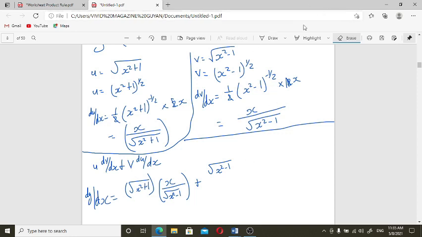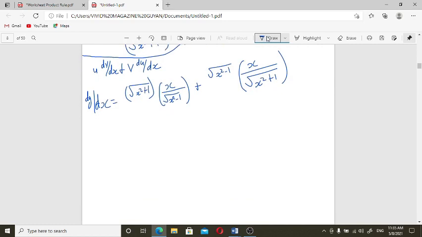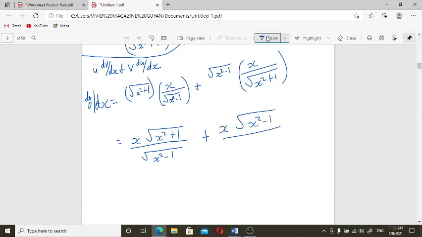Which is then multiplied by the du dx, which is x over the root of x squared plus 1. So what this actually gives you is x in front, root of x squared plus 1, all being divided by the root of x squared minus 1, which is now added on to x root of x squared minus 1 divided by the root of x squared plus 1.